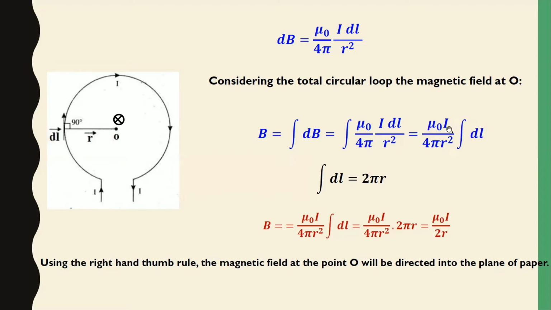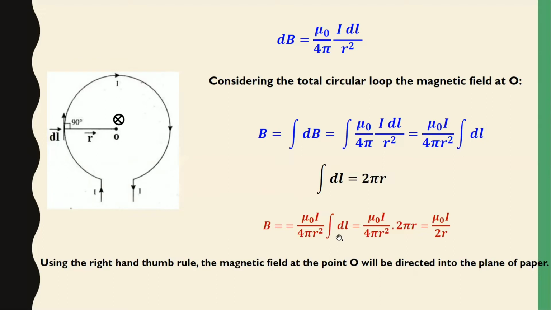Being constants, mu0, the permeability of free space, I, and 4 pi r square are taken outside the integration, and we are integrating over dl. If we integrate over this whole circular loop, it will give us dl is equal to 2 pi r, the circumference of this circular current carrying loop.